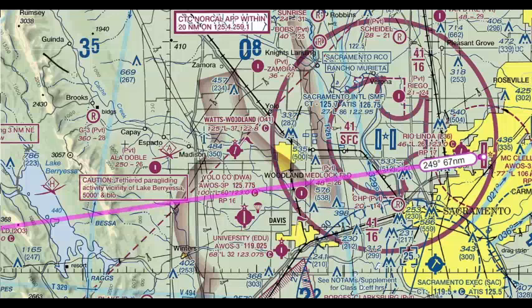Maybe I'm just out over here somewhere and I'm headed back towards McClellan or Sacramento. How would I get flight following? Who would I contact? What frequency would I use?